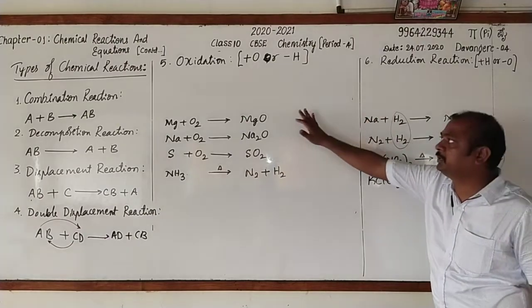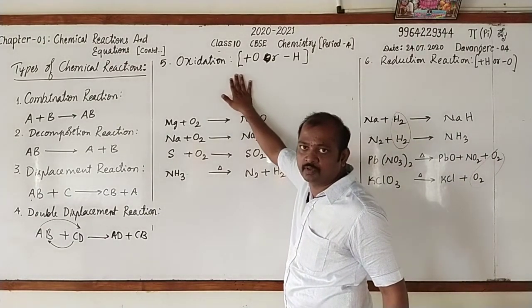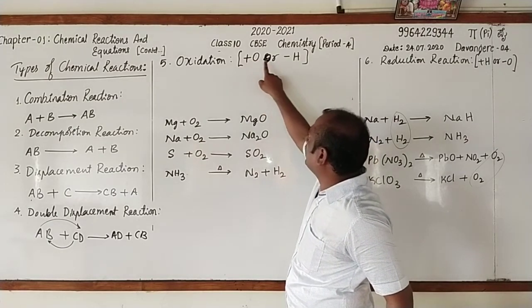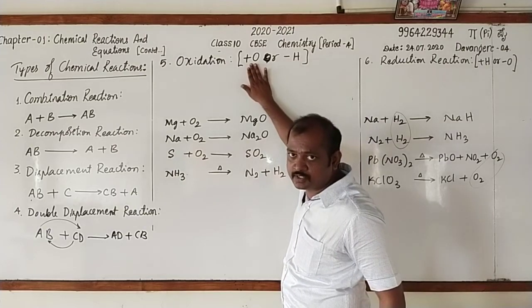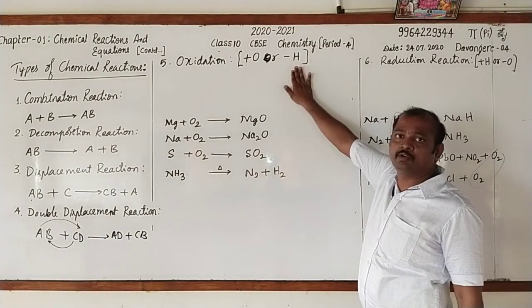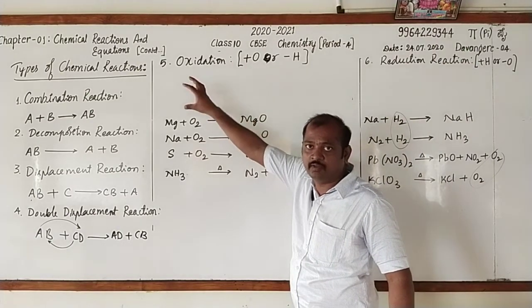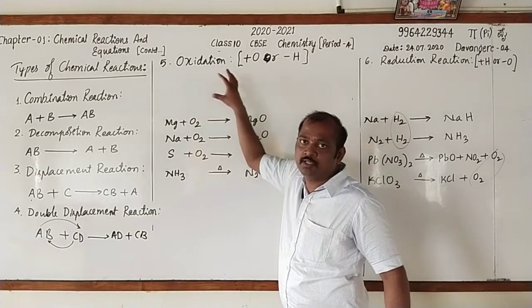Once more, I'll repeat the definitions of both. Oxidation reaction: the addition of oxygen to a substance or removal of hydrogen from a substance is called oxidation. Oxygen is added or hydrogen is removed.